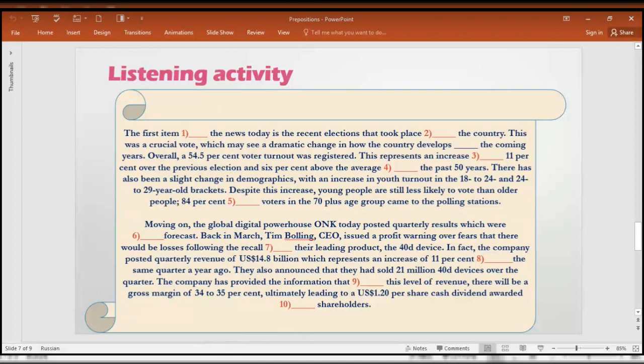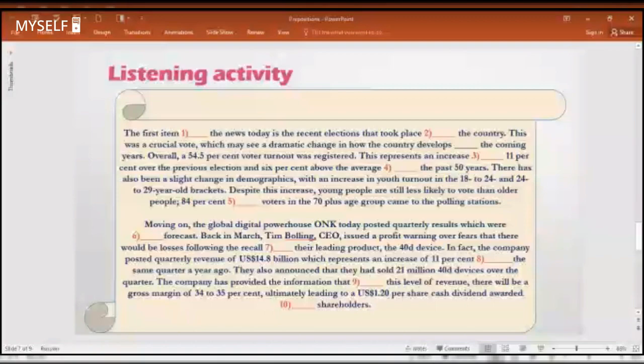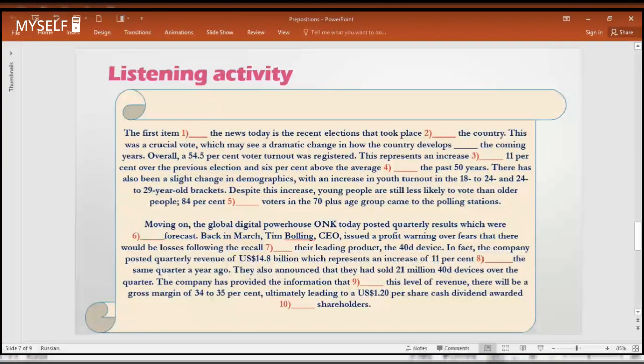They also announced that they had sold 21 million 40D devices over the quarter. The company has provided the information that with this level of revenue, there will be a gross margin of 34 to 35%, ultimately leading to a $1.2 per share cash dividend awarded to shareholders.